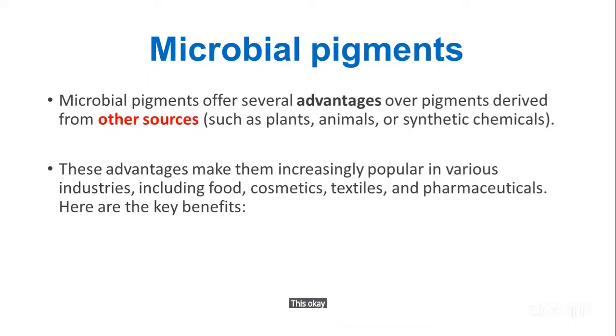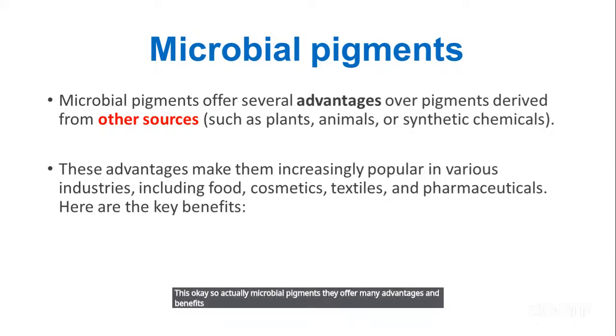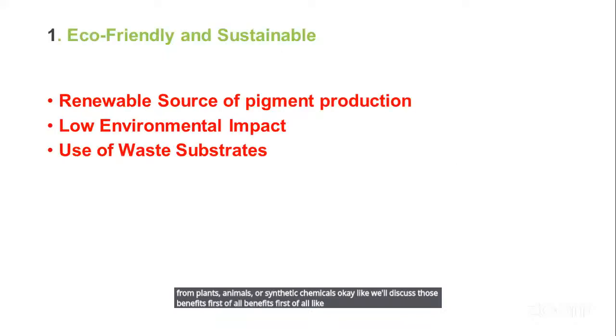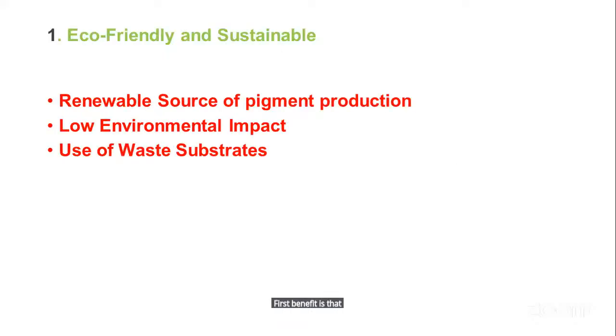Microbial pigments offer many advantages and benefits over other pigments, those extracted from plants, animals, or synthetic chemicals. Let's discuss those benefits first. The first benefit is that microbial pigments are eco-friendly and sustainable.